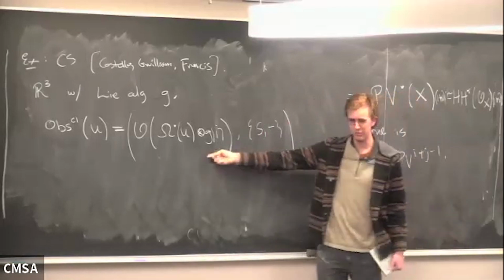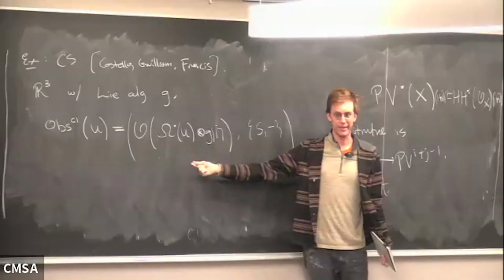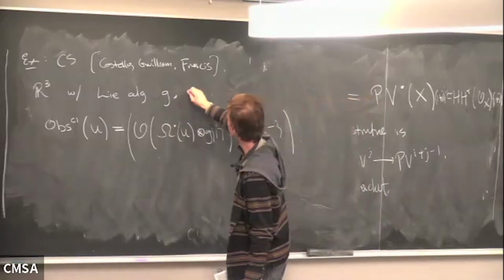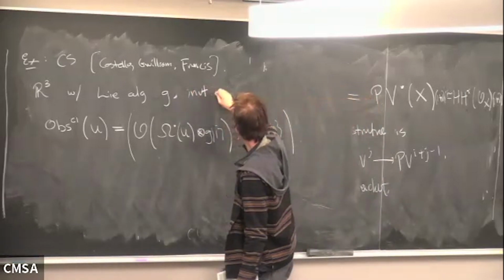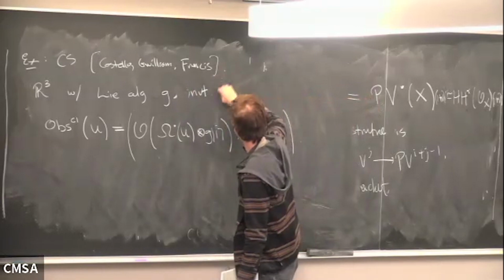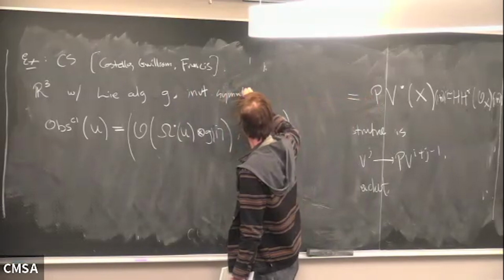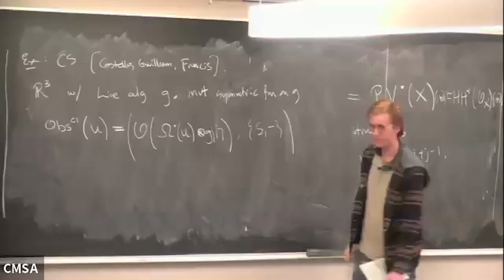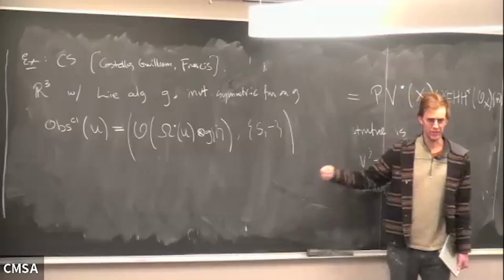Here, the bracket is built from the same wedge and integrate pairing that I have on differential forms. This is also using an invariant symmetric form on G, just to write down the Chern-Simons action, of course. So I have a level.